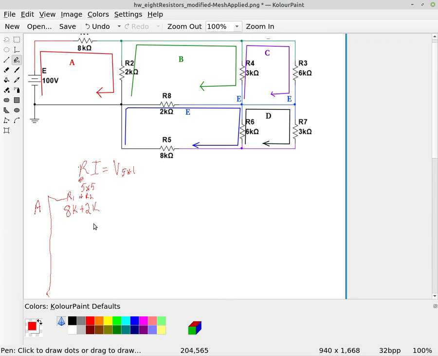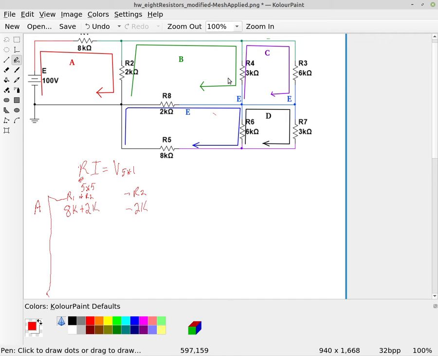Now we're going to subtract off all the resistors touching B, all the resistors touching C, all the resistors touching D, and then E. We need to make sure we do it in the correct order. If we look, B is touching R2. So we're going to subtract off R2, which is 2K.